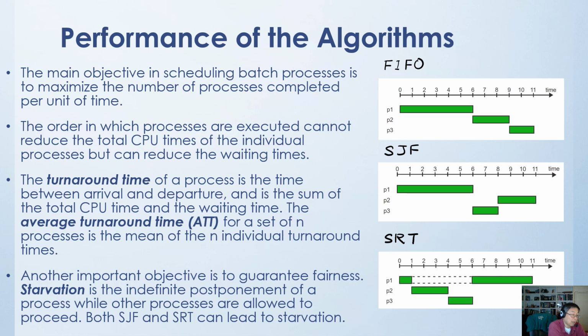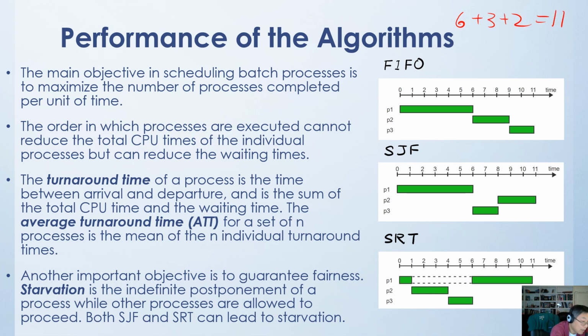Now let's take a look at the diagrams for all these different algorithms. We know that process 1 takes 6 CPU time, process 2 takes 3, and process 3 takes 2. So the total is 6 plus 3 plus 2, which is 11.